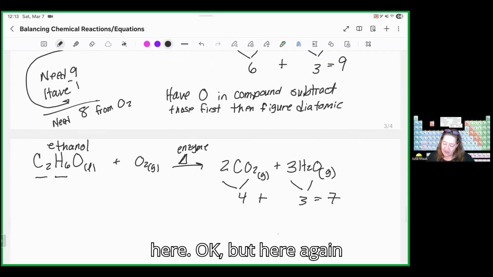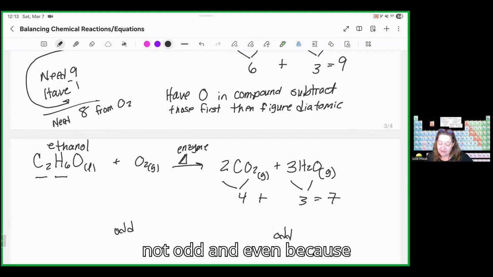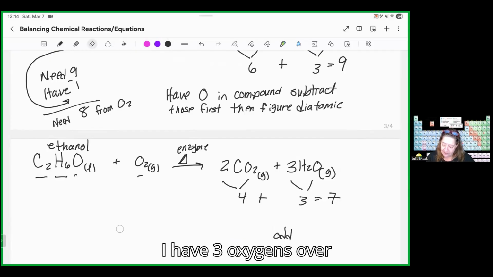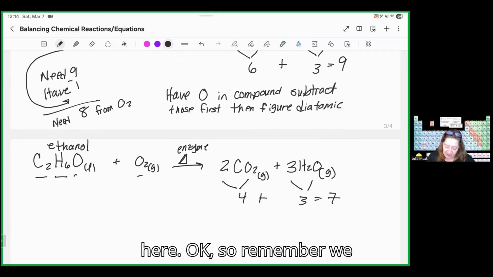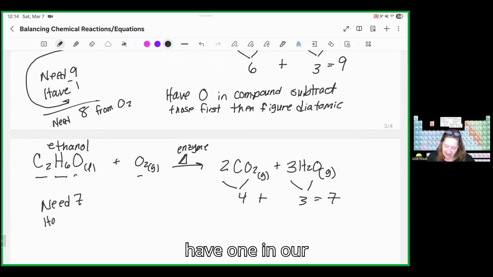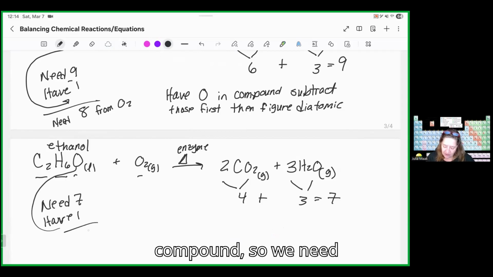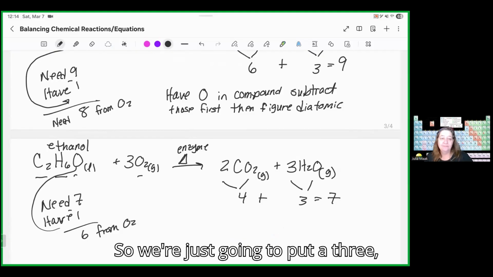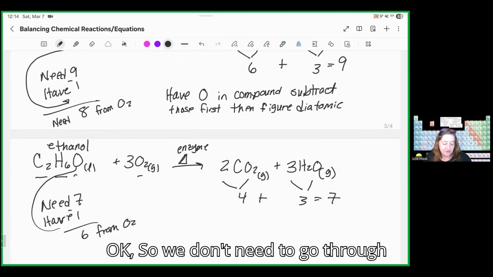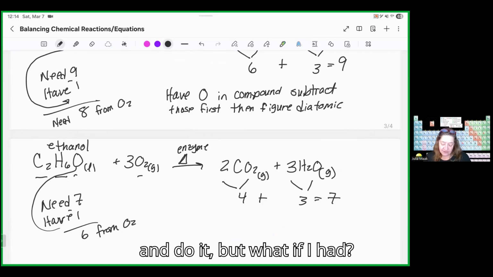Okay, but here again, you have odd and odd, not odd and even, because I have 3 oxygens over here. Okay, so remember, we need 7 over here. We have 1 in our compound, so we need 6 from the O2. So we're just going to put a 3. Okay. So we don't need to go through and do it.